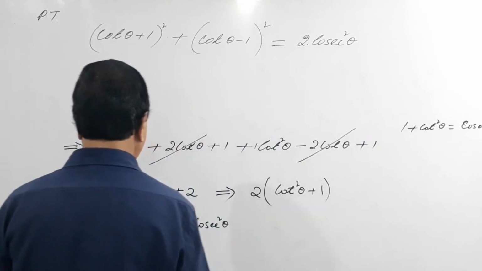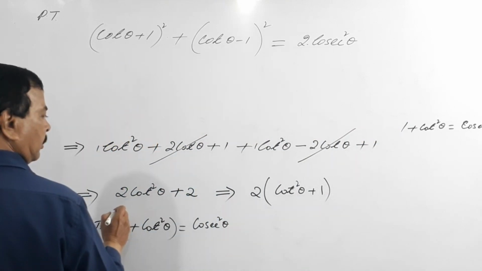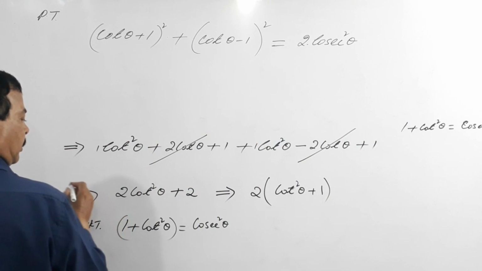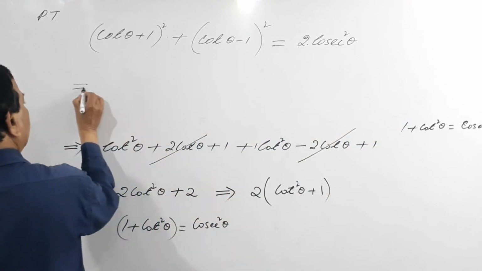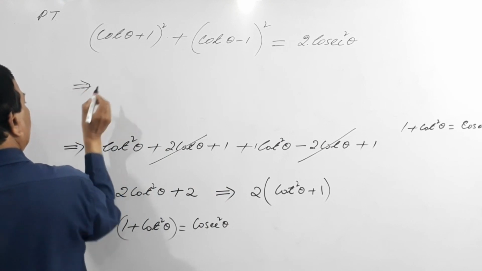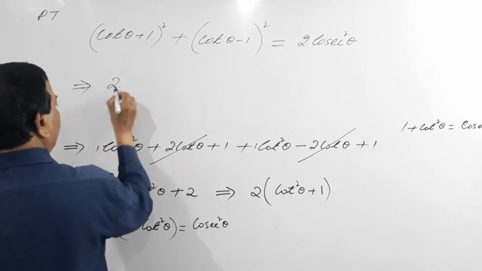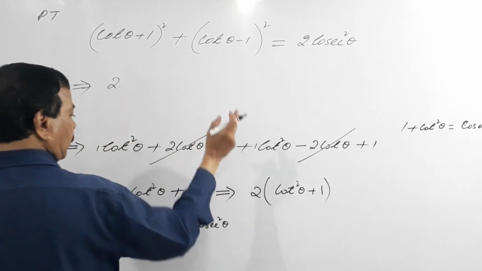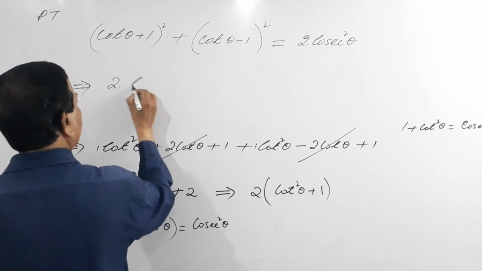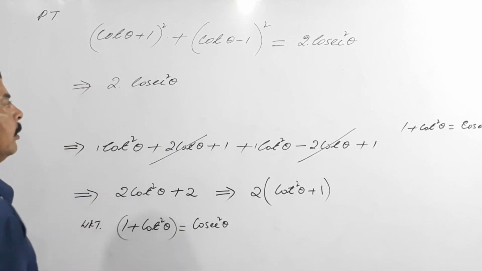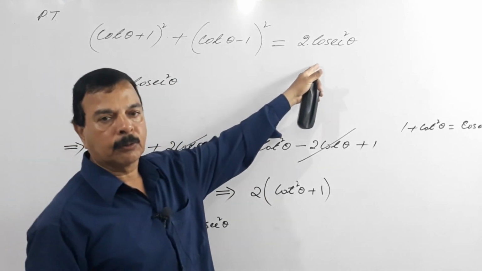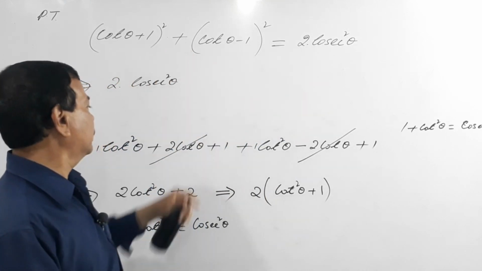So what happens to this? This becomes 2 into cosecant square theta. What he wants is 2 cosecant square theta, so we have proved this.